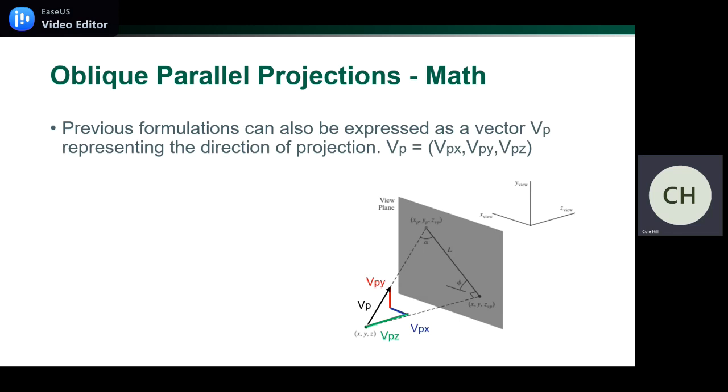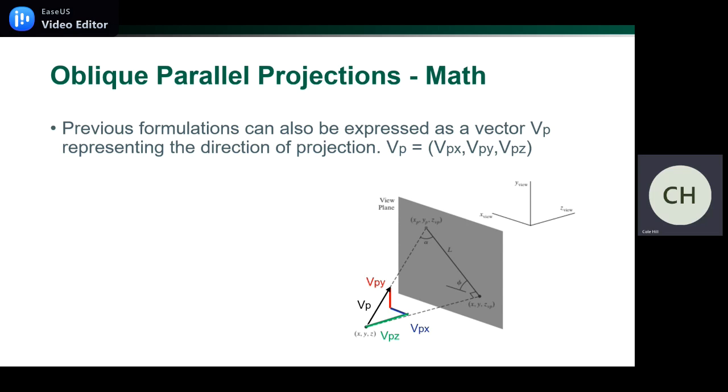Now, the previous formulations were expressed as equations, but in the computer world, we would like to use a vector. So we can do this with a vector we'll call v sub p. This is a unit vector with x, y, and z coordinates. And I've got them depicted here with the x being blue, the y being red, and the z being green.